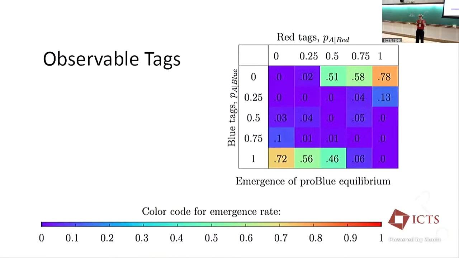Okay, so what this is showing is, for this group, we'll say this is the blue group. When people observe their tags here, they get it right 100% of the time, or they think they're blue 100% of the time. Here, they think they're blue 0% of the time. With the red group, we have the same thing.